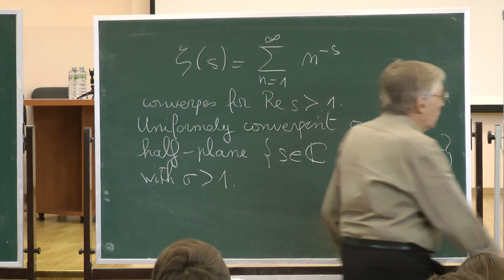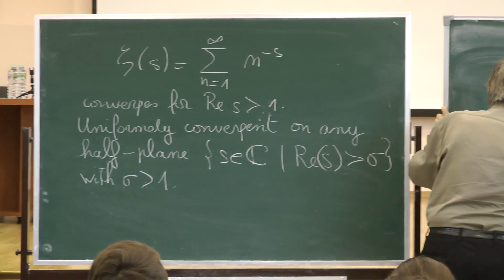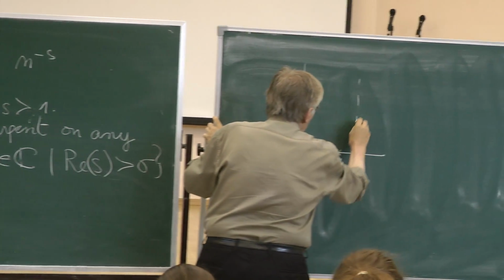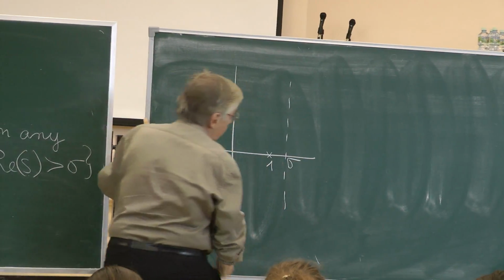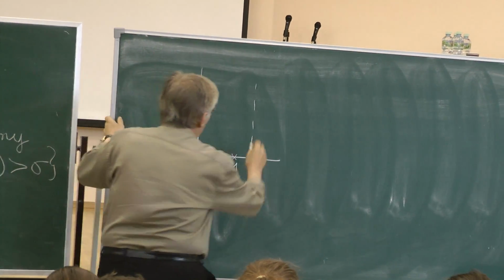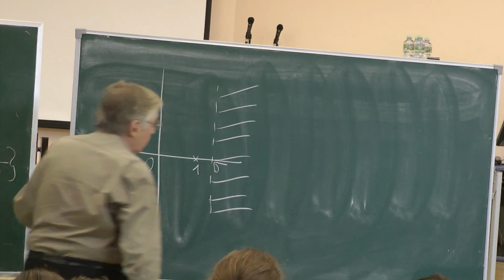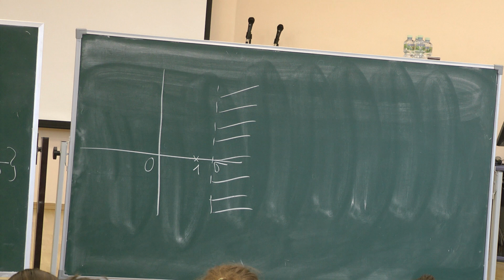So if I draw a picture, we have the plane, we have the point 1, we choose any line strictly on the right hand side of this point 1, we look at this half plane, and on this half plane the series is uniformly convergent.